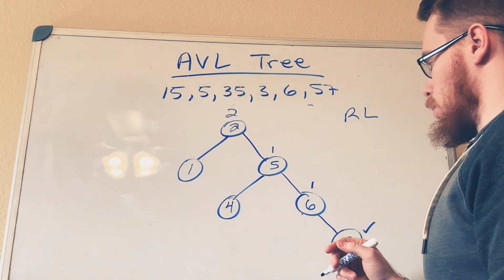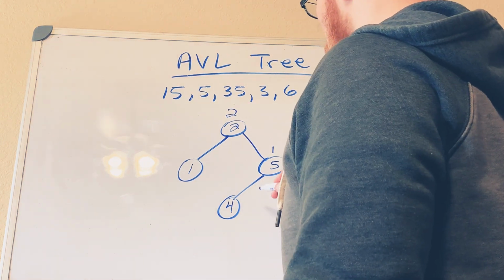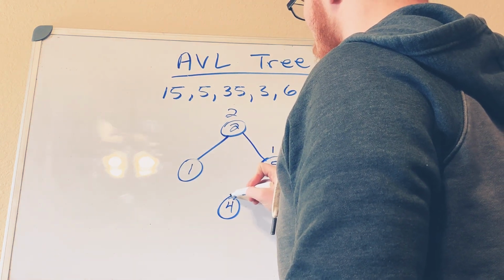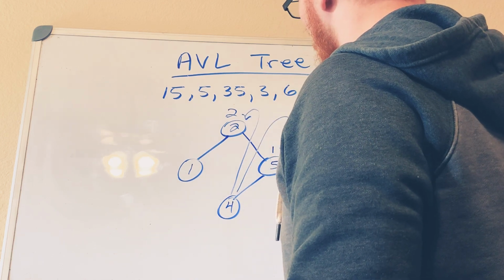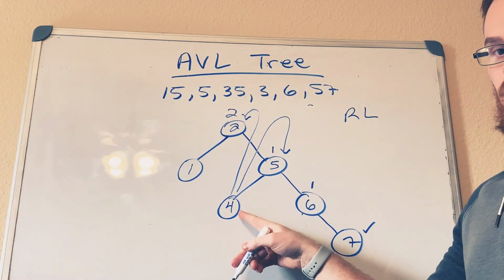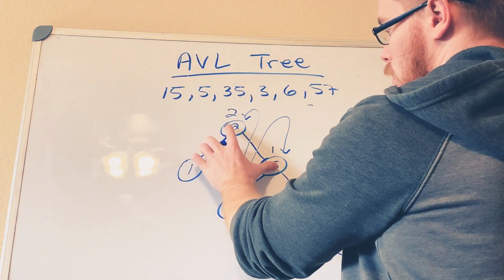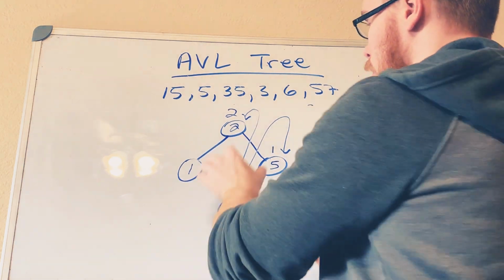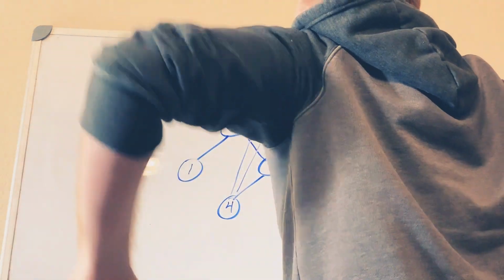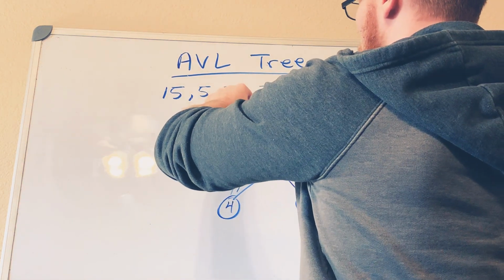What we do in this situation is we're going to take this node right here, and a lot of times you're always going to picture this. This is how it worked for me. You're going to picture these two almost arms trying to pull itself up. So that 4 is going to try to sneak up here and become the root.